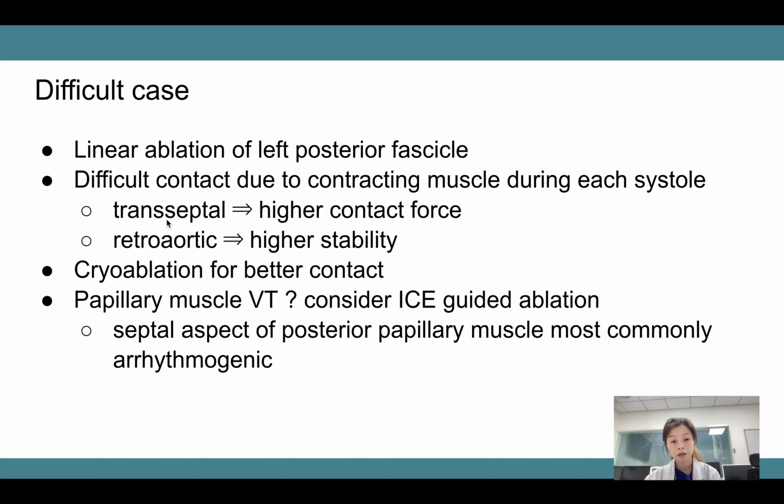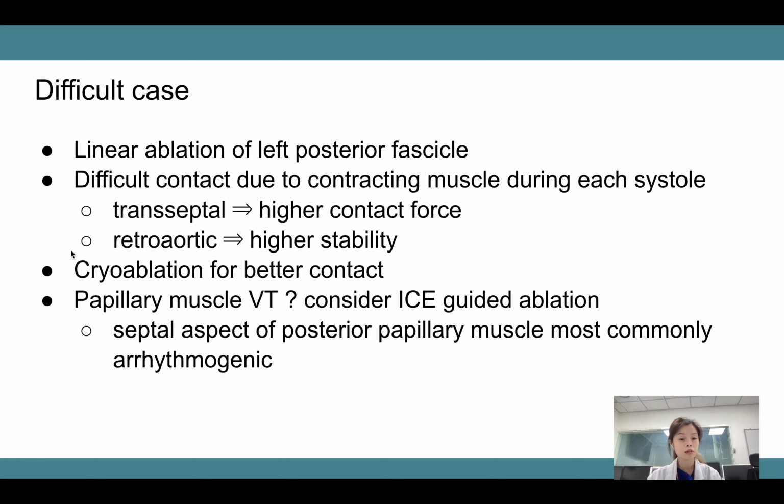In some papers, it is suggested that the transseptal approach can improve the contact force, while the retroaortic approach can improve the stability. Like in our case, initially we attempted ablation via the transseptal approach, but the catheter was not very stable. Therefore, we switched to the retroaortic approach, in which the catheter became much more stable and the ablation was much more effective.